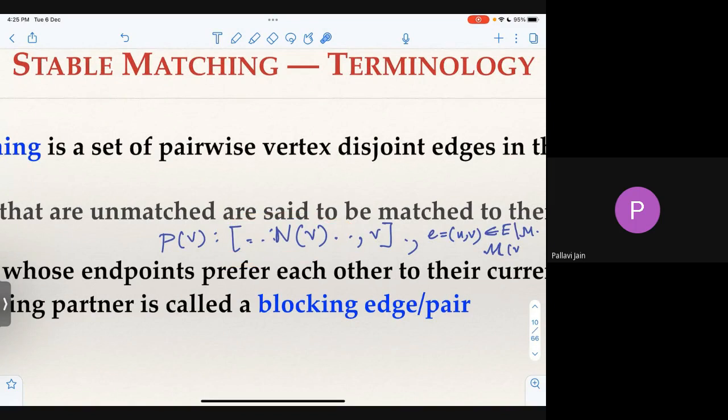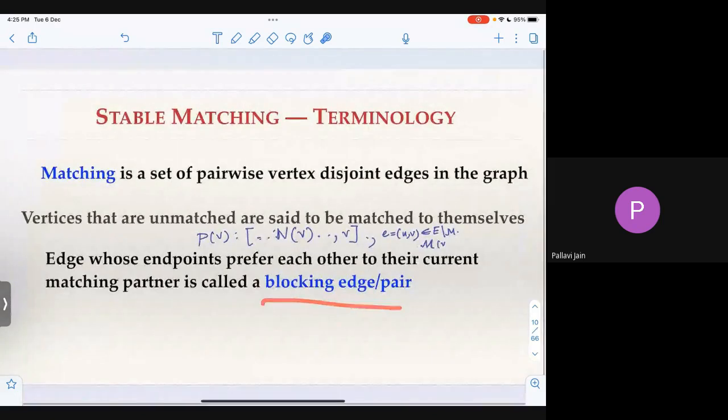I said now assume as if V has placed itself at the end of the preference list. This just enables us to talk about this meaningfully syntactically, because then we can say that V wants to be self-matched, or being unmatched, as the least of its preferences. If they are neighbors, yes.